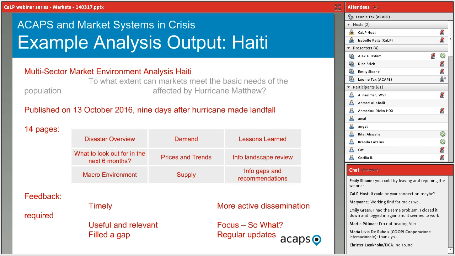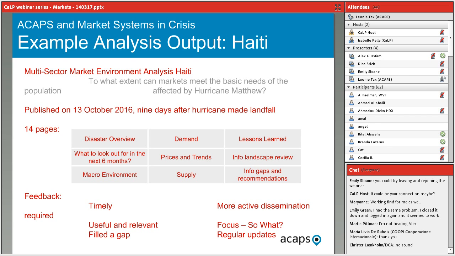So this kind of analysis generated by that framework can obviously come in many shapes and forms. One of the possibilities is a report. And I wanted to briefly present one of the reports that we produced based on this underlying thinking. So in the aftermath of Hurricane Matthew in Haiti in October 2016, we published a desk review based on secondary data, looking at to what extent can markets meet the basic needs of those affected by Hurricane Matthew.